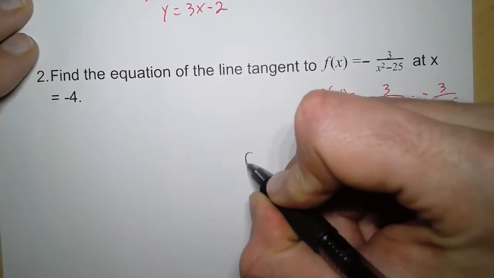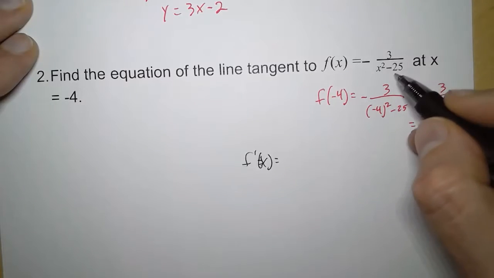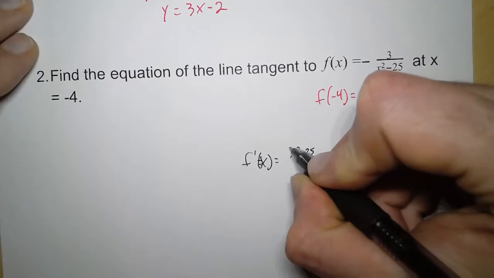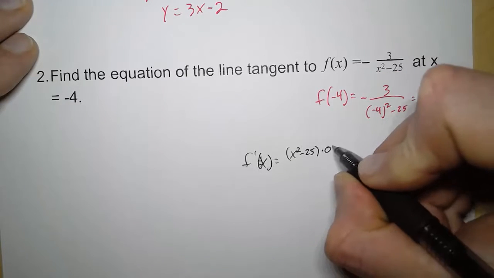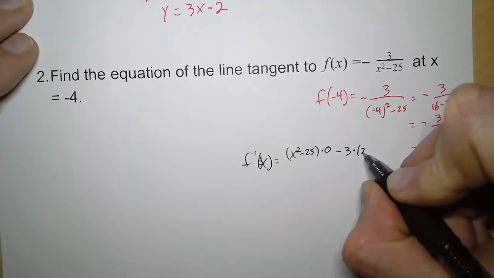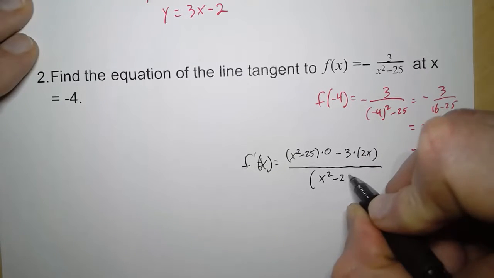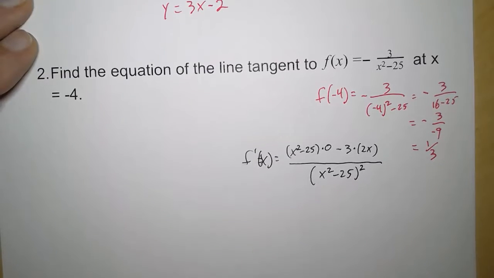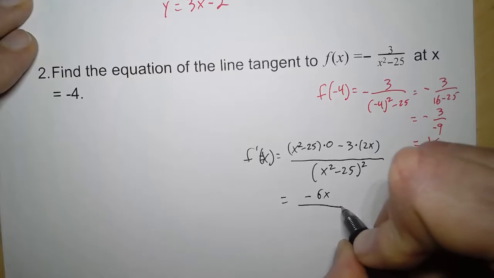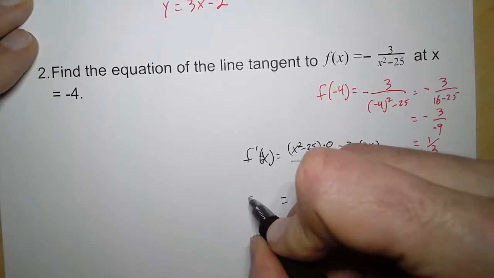So f prime of x equals low, so that's x squared minus 25, d high, which is 0, minus high, that's 3, d low, which is 2x, all over low low, and that's x squared minus 25, and that quantity is squared. And we can simplify that a little bit. So we have negative 6x all over x squared minus 25, and that quantity is also squared.